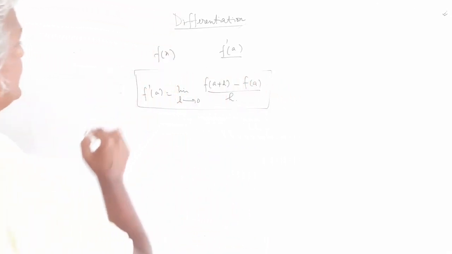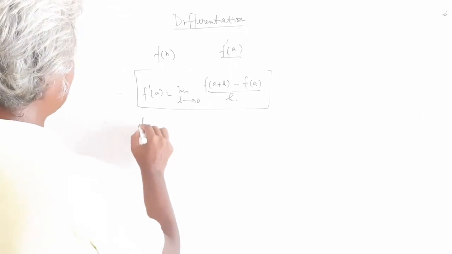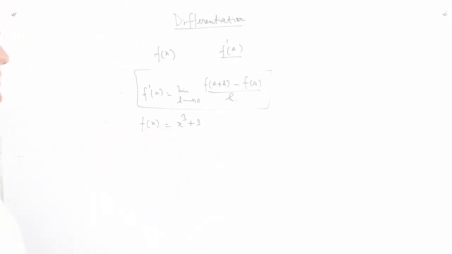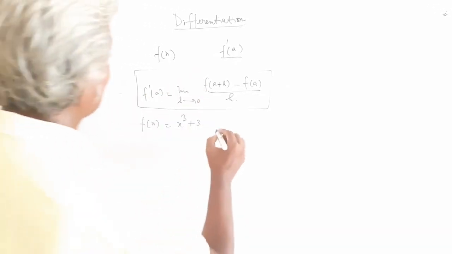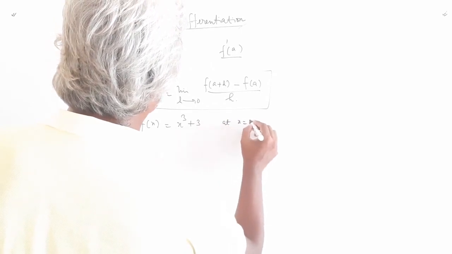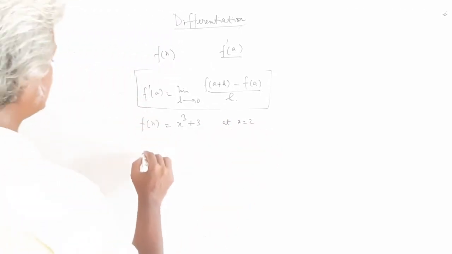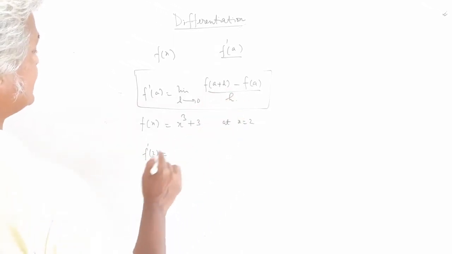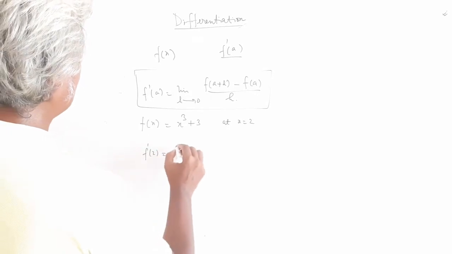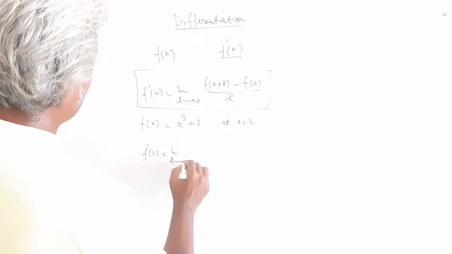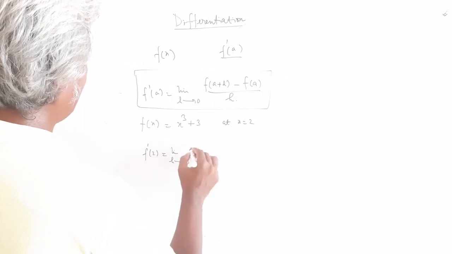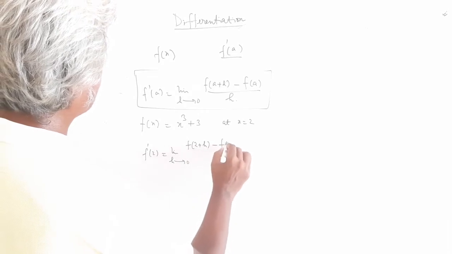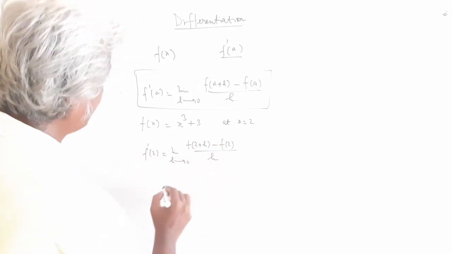For example, suppose I have to find the differentiation of f(x) equals x cube plus 3 using this method at x equals 2. How do you do that? You write f dash 2 is the limit as h tends to 0 of f(2 plus h) minus f(2) upon h.